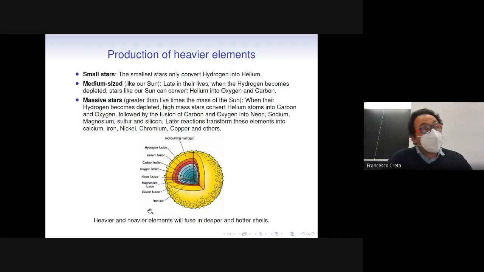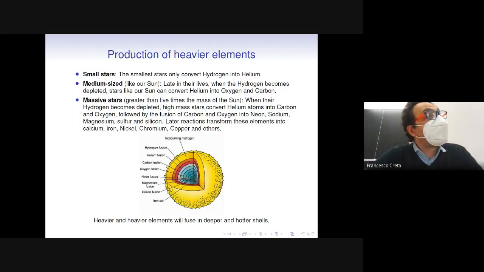Now there is a very physical, unbreakable limit to the formation of atoms, and that is iron, Fe. You cannot fuse iron to form heavier elements.